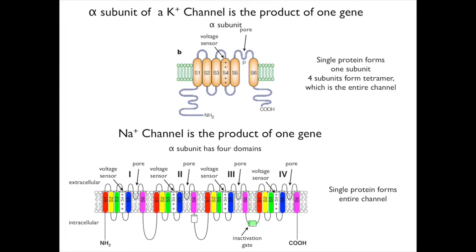Also recall that the entire sodium channel is produced by a single gene. In contrast, genes that code for the potassium channels only transcribe messenger RNA that produces one alpha subunit.